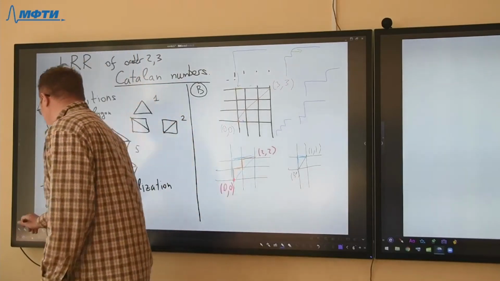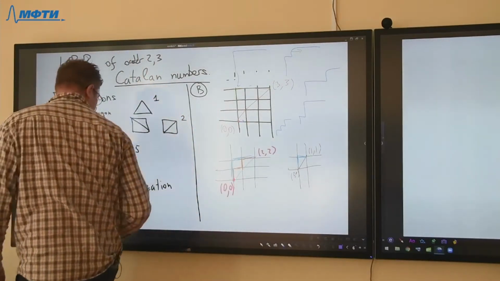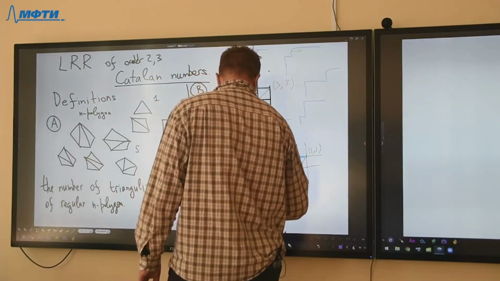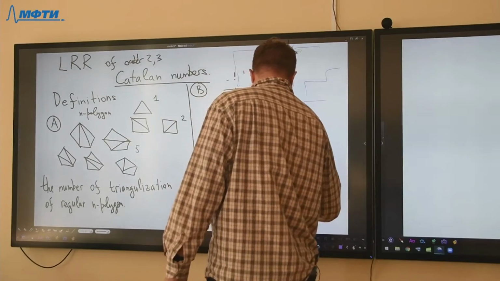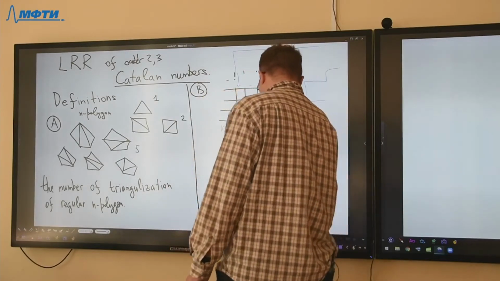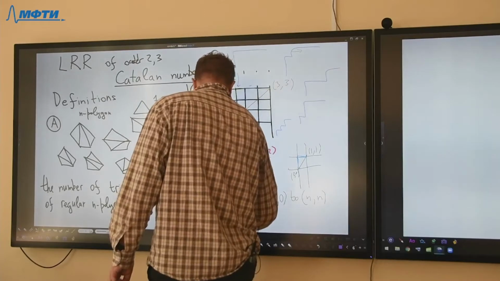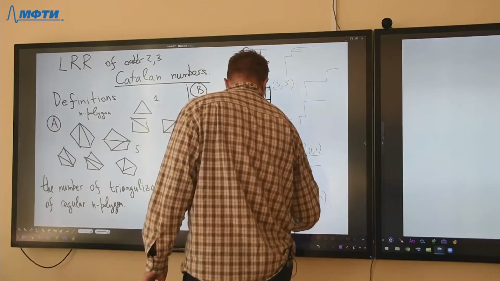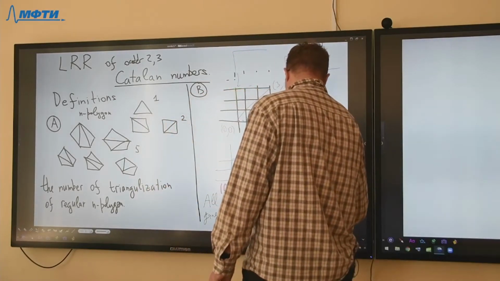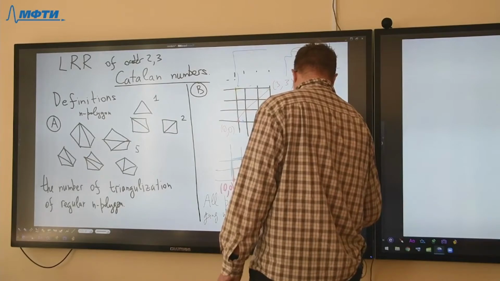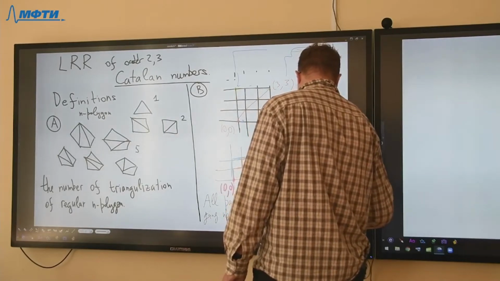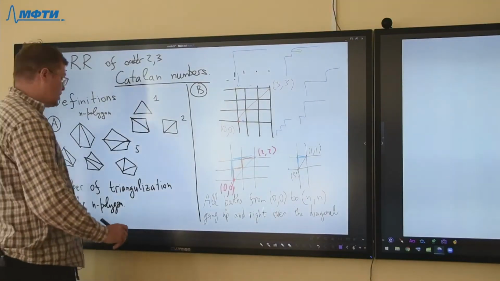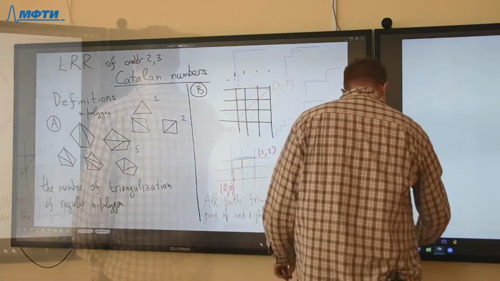So I need to write the definition: all paths from (0, 0) to (n, n) going up and right above the diagonal.